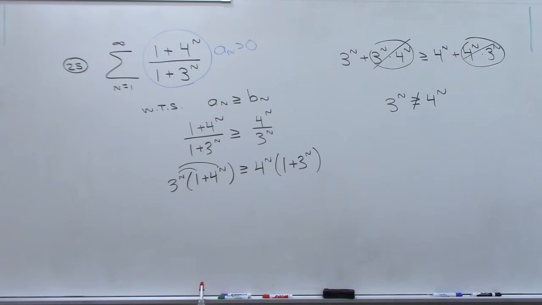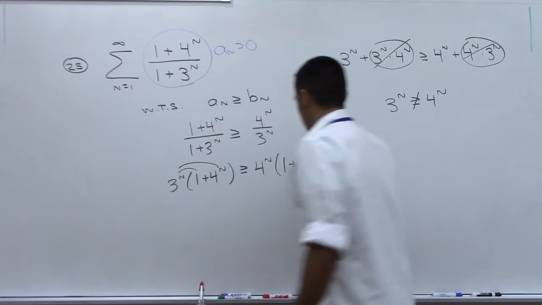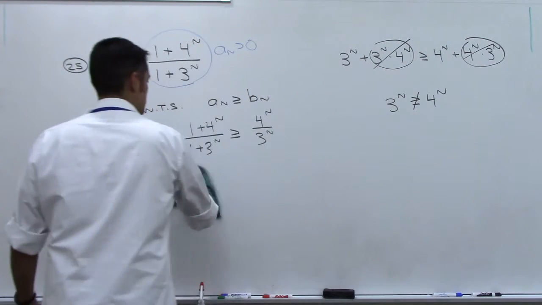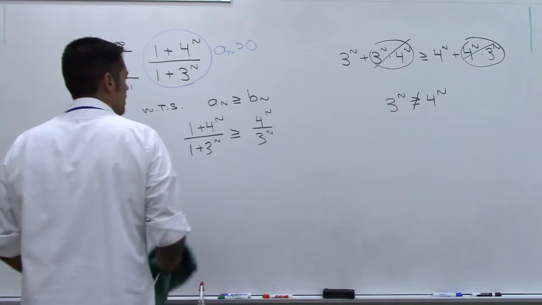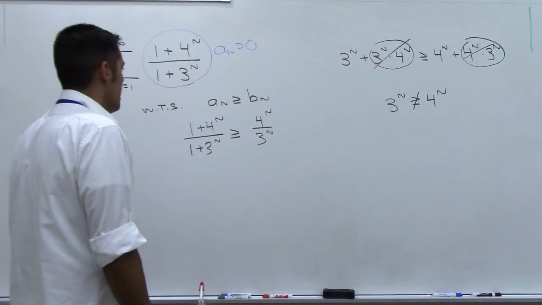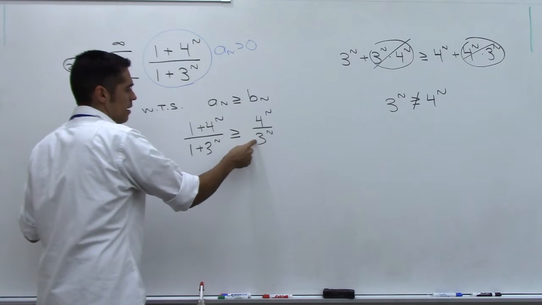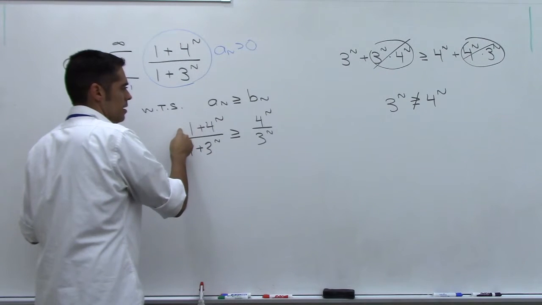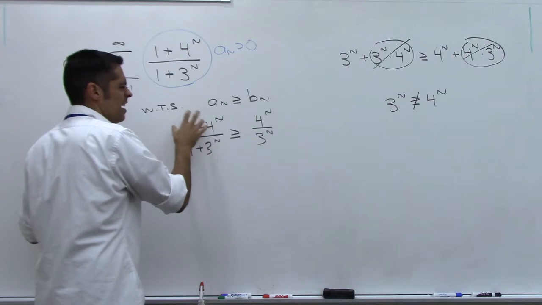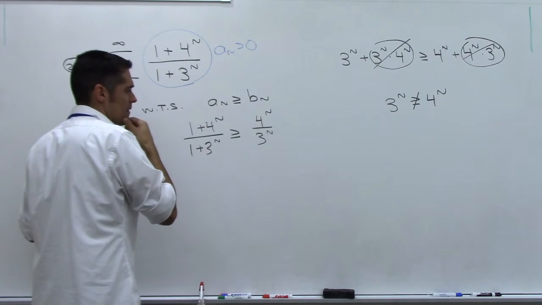So this is a good example of one that didn't work out. I've been waiting for one of these. So let me go back here. What was the problem that I had? The problem that I had was that when I did this multiplication here to here, this 3 to the n, then this, I need this side to be bigger than the other side.